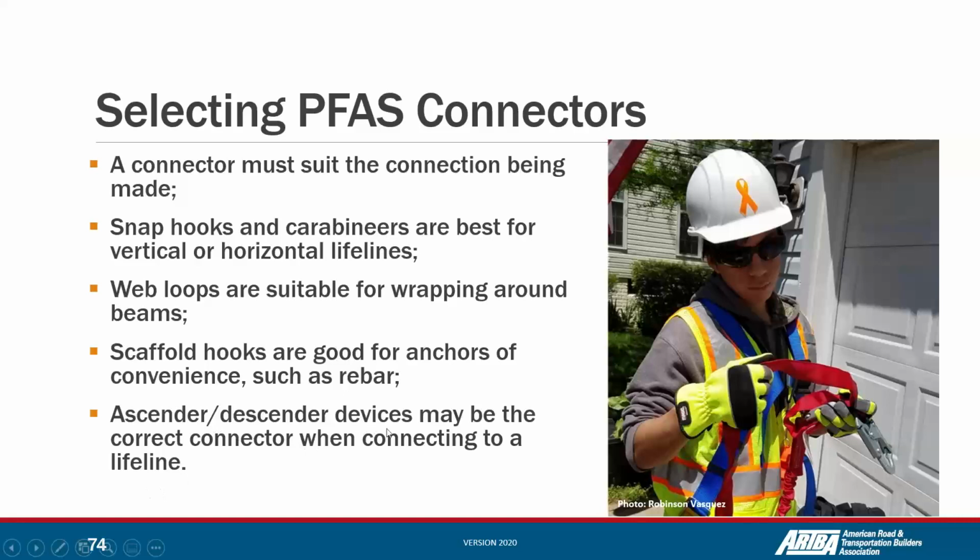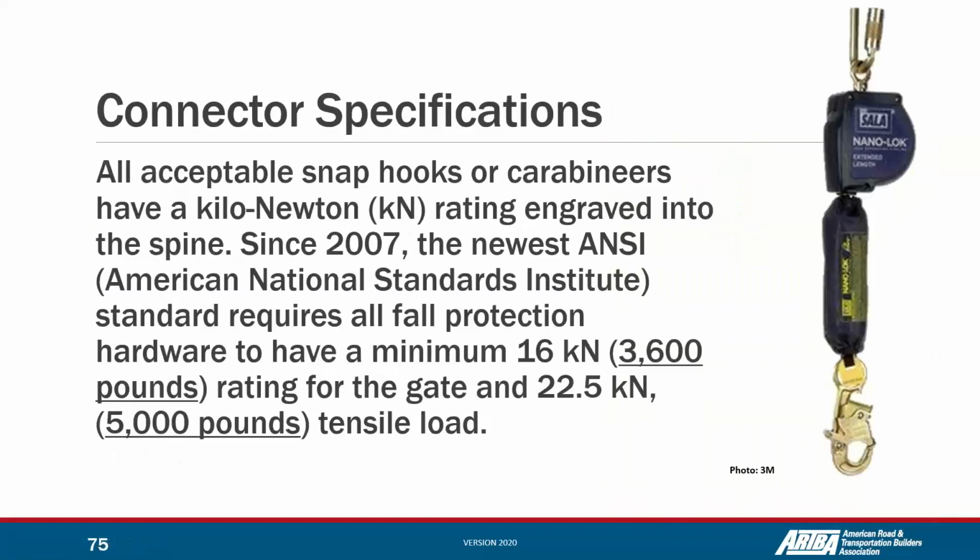Then ascender and descender devices might be the correct connector when connecting to a lifeline, especially according to specifications. We have specific rules about it in the ANSI standard. Since 2007, the newest ANSI, American National Standards Institute, standard requires all fall protection hardware to have a minimum rating of 16 kilonewtons, 3,600 pounds, for the gate, and 22.5 kilonewtons, 5,000 pounds, tensile load.